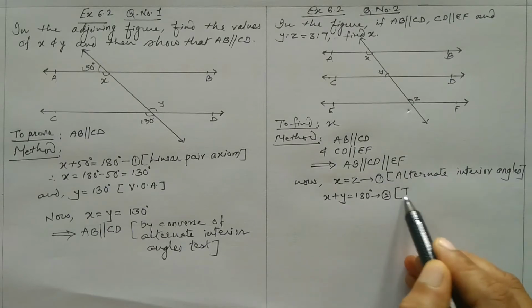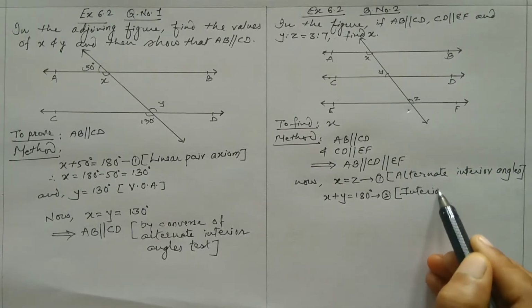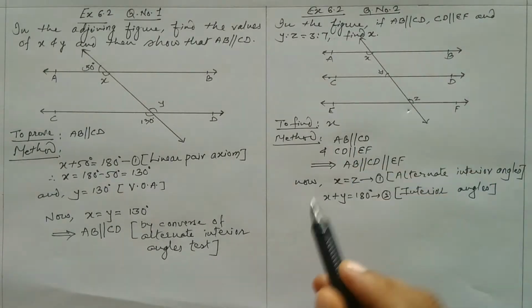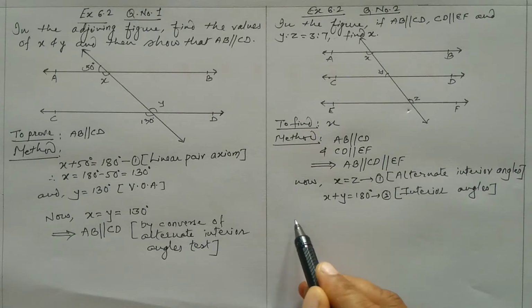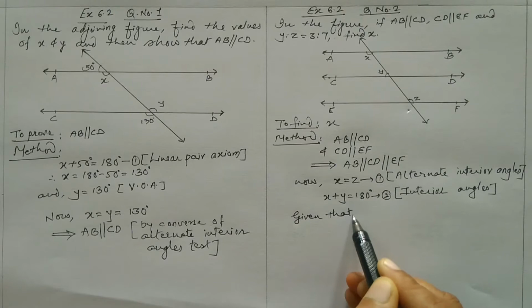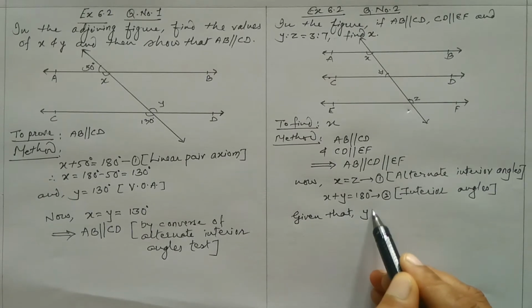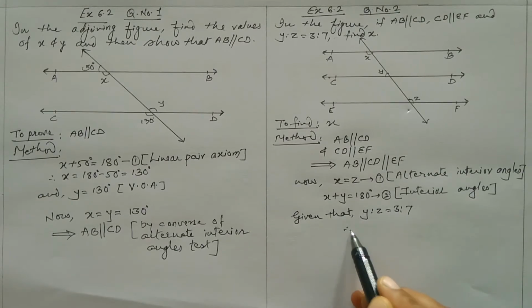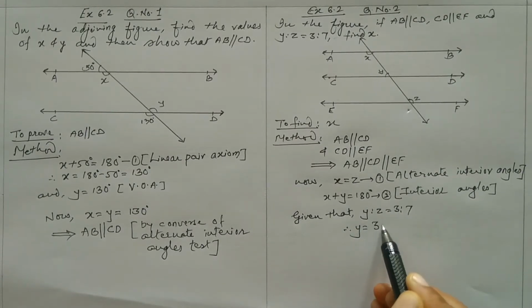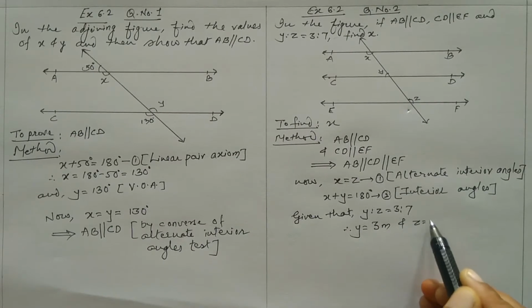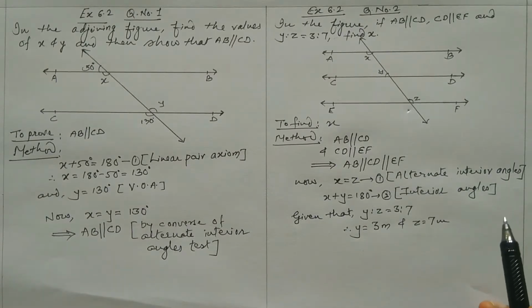Now the ratio is given: y is to z is equal to 3 is to 7, so therefore y is equal to 3m and z is equal to 7m. Now what is m? m is called the common multiple.